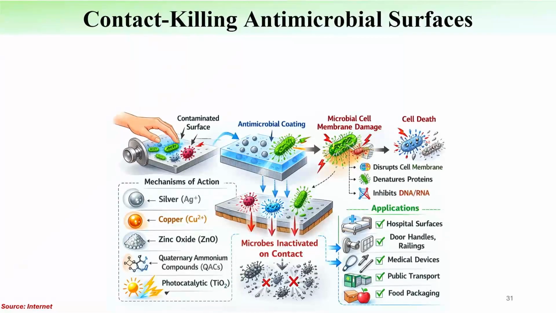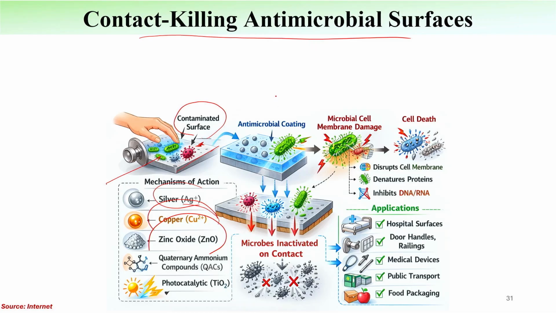Then contact killing antimicrobial surface. On the surface, we treat with different types of antimicrobial treatment like silver particles, copper, zinc oxide; different types of particles we treat on the outer surface. This is a contaminated surface where there is no treatment.